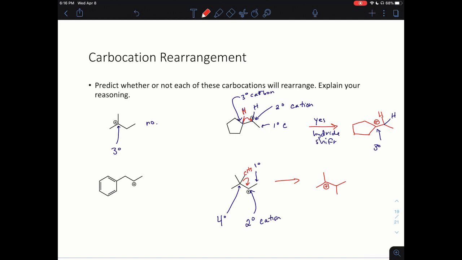Okay, there's the methyl that moved. And then there was a hydrogen here, that's still there. And then we have a tertiary cation. And tertiary is more stable than secondary. So yes, we're going to have a methyl shift to form a more stable carbocation.